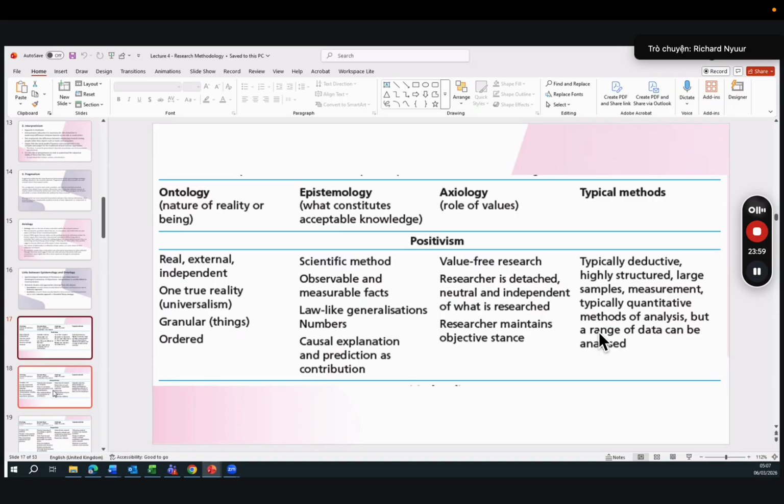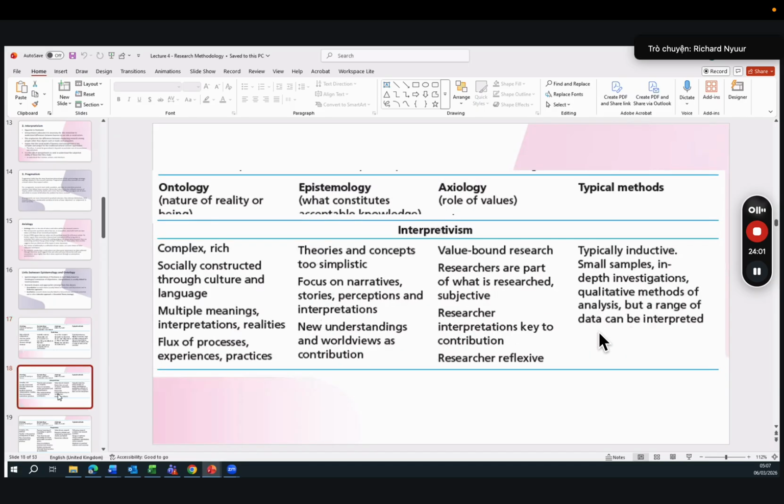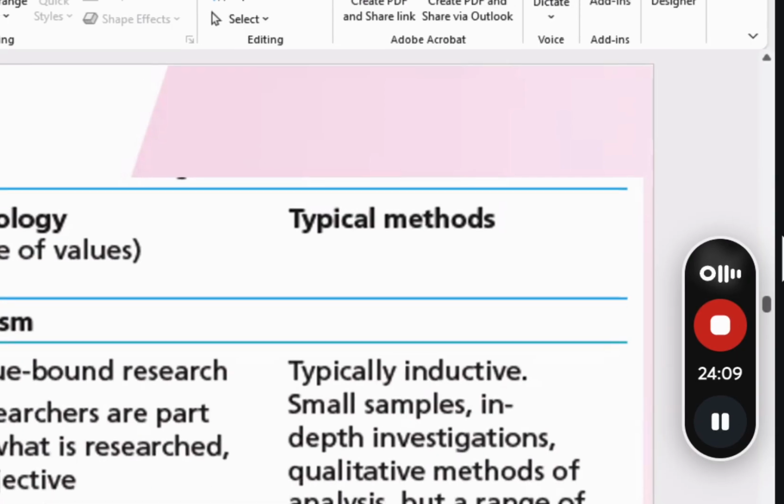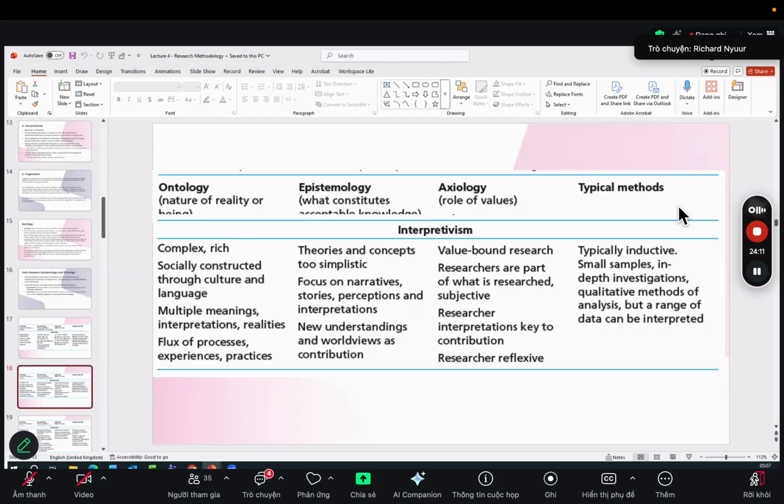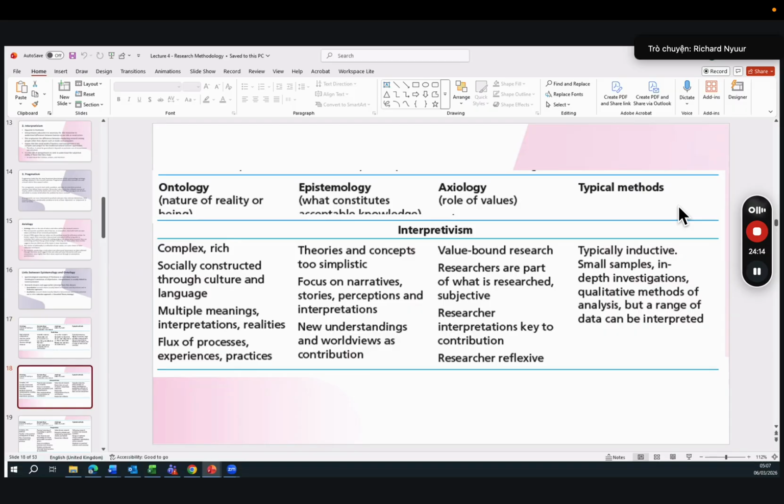In terms of interpretivism, as I explained again, the values of the researcher are involved in terms of the axiology. On the ontological aspects, reality is seen as socially constructed. Reality is based on interactions of people and phenomena and society and context.